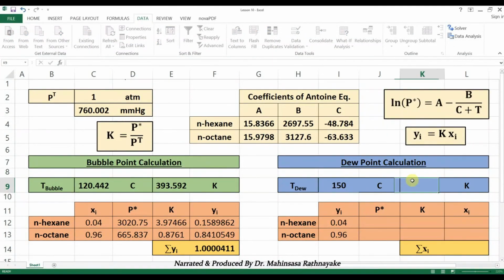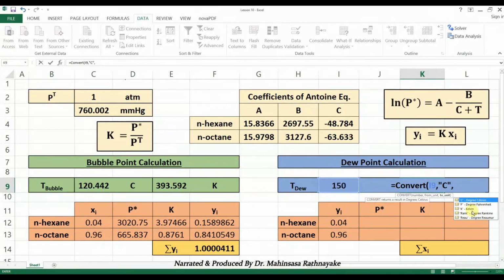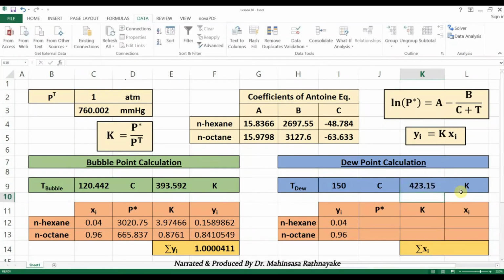Let's say 150 degrees C. Then convert the temperature into Kelvin as we use the temperature in Kelvin for the calculations. Apply the Antoine equation to find the vapor pressure at the assumed temperature. Freeze the temperature cell and drag the calculation for the below cells.